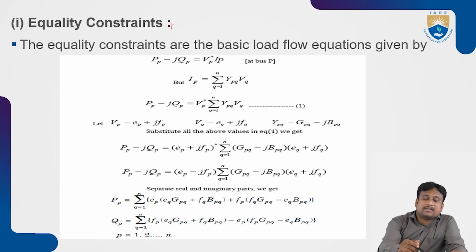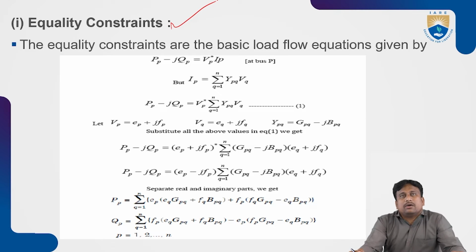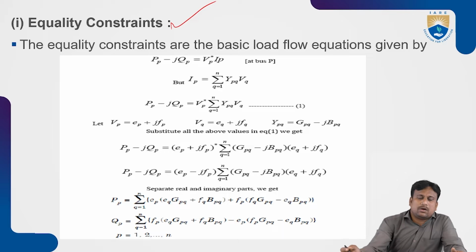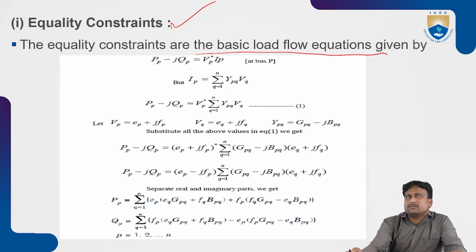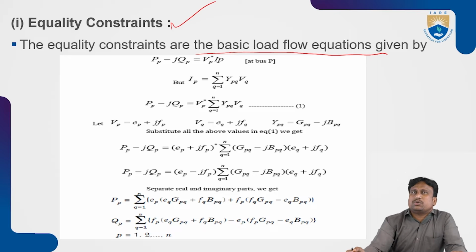Coming to equality constraints. Here equality constraints are defined in terms of real and reactive powers and complex terminologies, which will be derived from basic load flow equations. So here equality constraints are the basic load flow equations we are supposed to fix at a respective bus.